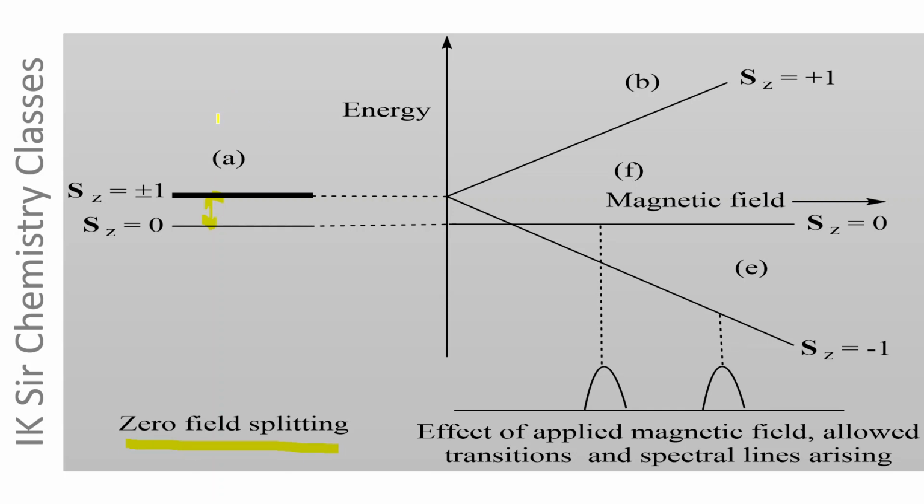This portion A of the figure represents zero field splitting. And when magnetic field of increasing strength is applied, the energy of Sz equals to 0 remains constant. It does not change because it is across the applied magnetic field.